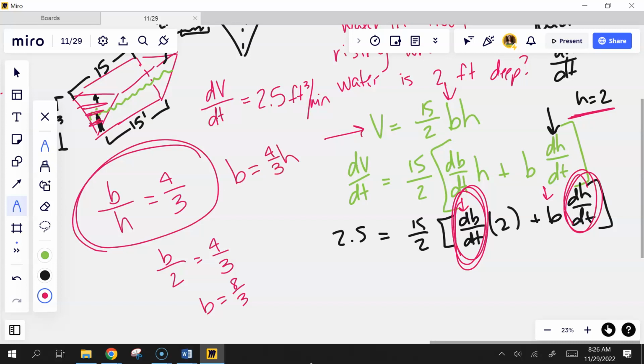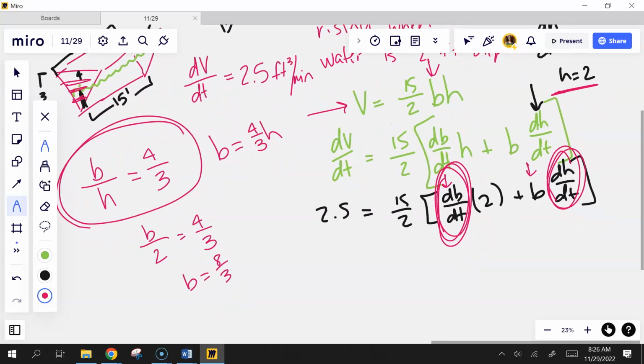Do you agree? Okay. So now my volume equation, watch how much easier this becomes. I made it way harder, I'm sorry. Like 15 over 2 times base, which is now 4/3 times height, times height. That is a much easier problem to take the derivative of.